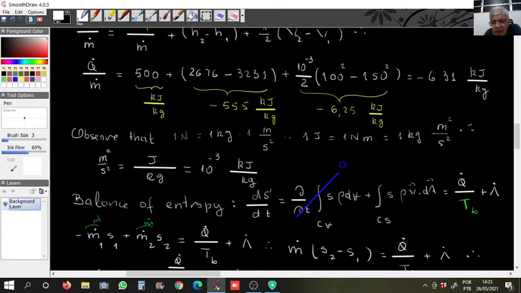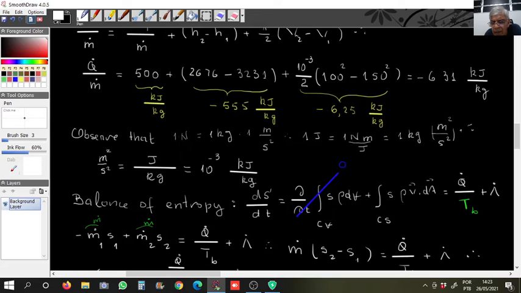Newton meter is 1 joule. Here is the meter square divided by second square. So the unit of meter square per second square is just joule per kilogram.